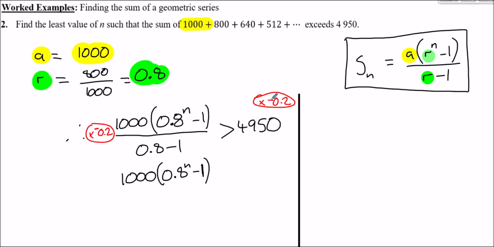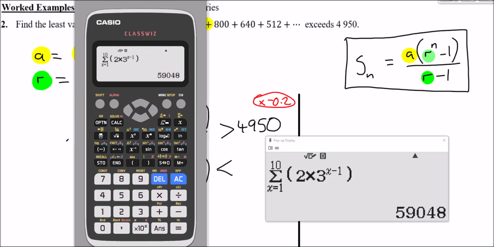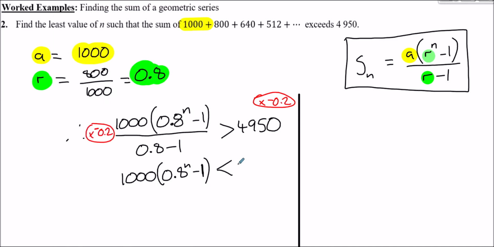Now, if we multiply an inequality by a negative, we need to remember this inequality symbol will switch sides. So it'll become this way instead. 4950 multiplied by minus 0.2 gives us minus 990.